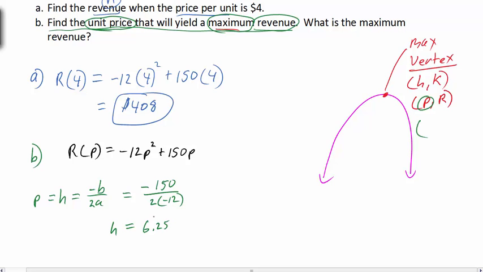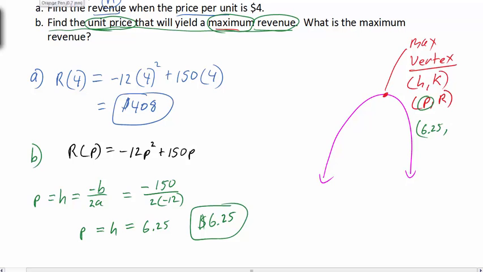The two negatives dividing here is going to make it positive. Now keep in mind, even though this is our h, that is representing this p, price per unit. So over here, that gives us 6.25, and that answers the question. Find the unit price that will yield a maximum revenue. So the answer would be $6.25.